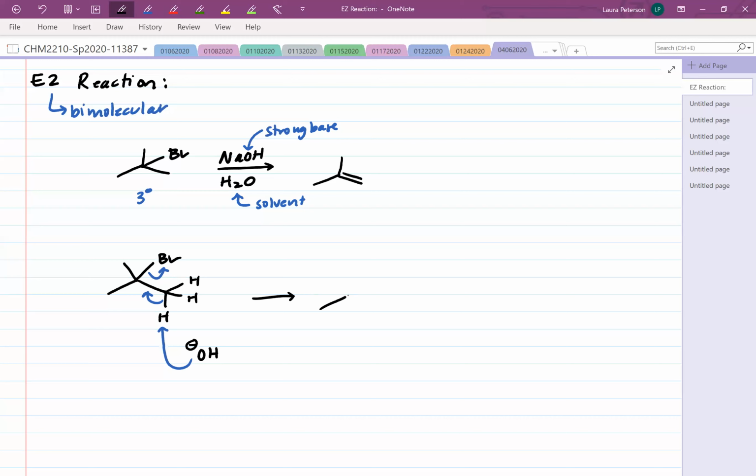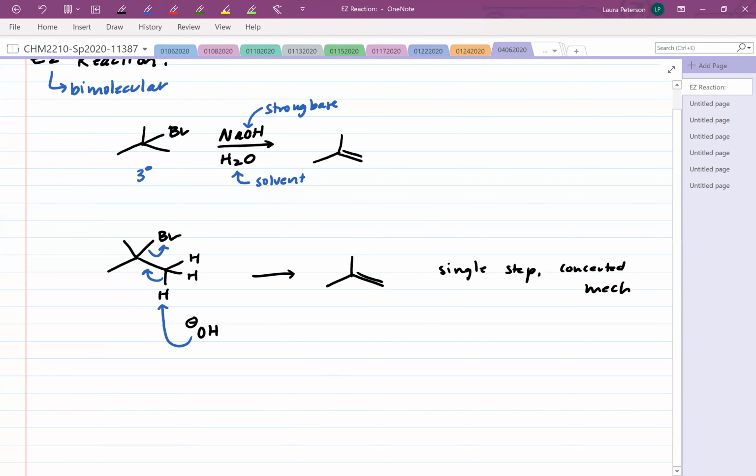So it's a single step concerted mechanism. Let me draw that a little more clearly. A single step concerted mechanism. That's where we arrive at the bimolecular rate expression. There are 2 molecules in the rate determining step. There's only 1 step, so it is the rate determining step.